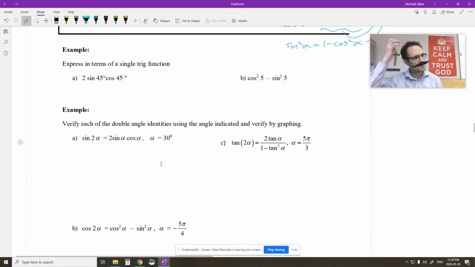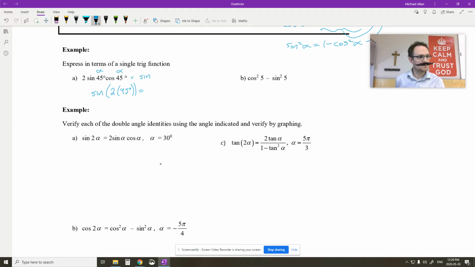Okay, so we should be able to recognize these now. So you should be able to see them quickly. Be like, okay, if I see 2 sine cos, that's just the same as saying sine 2 times 45. It's a double angle identity. Alpha ends up being the 45, and this will end up being sine.